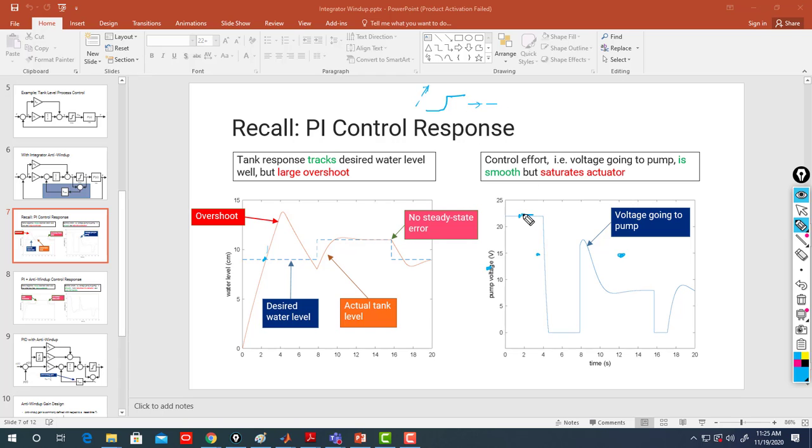So that's why it takes some time before it goes down, because once the error starts to go on the negative side, your actuator will start to react.